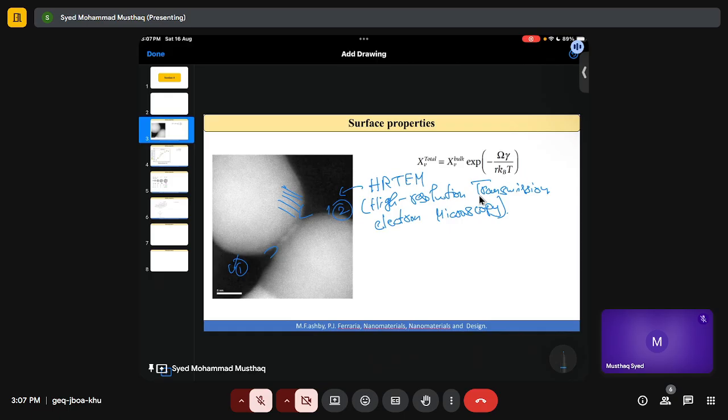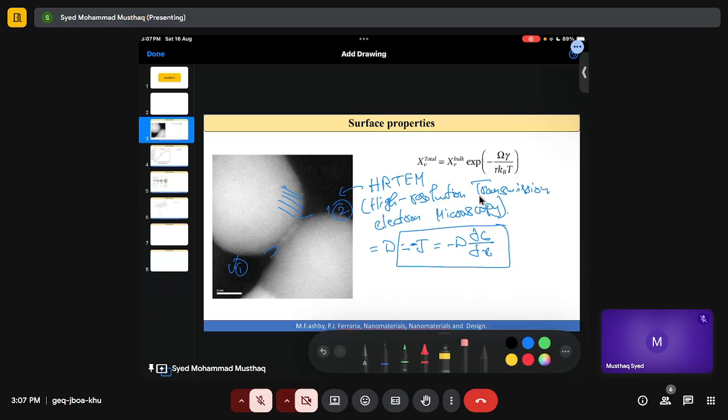To reduce that, there is a need for diffusion, and for diffusion, I guess everyone knows Fick's law. Fick's law states that the diffusion flux will depend upon the diffusivity times the concentration gradient. Now what does this concentration gradient tell us?